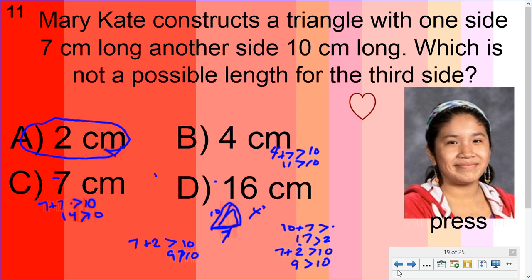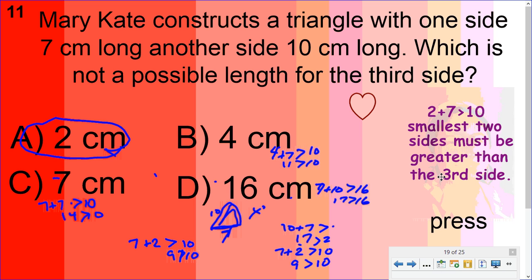And if I definitely put 16, well, 16 will be the longest side. So if I took 7 plus 10, that would be greater than the longest side, 16. And that's 17, that's greater than that. So the only one that would give me a problem would be choice A. So I'm going to say, Mary Kate, the answer is choice A.